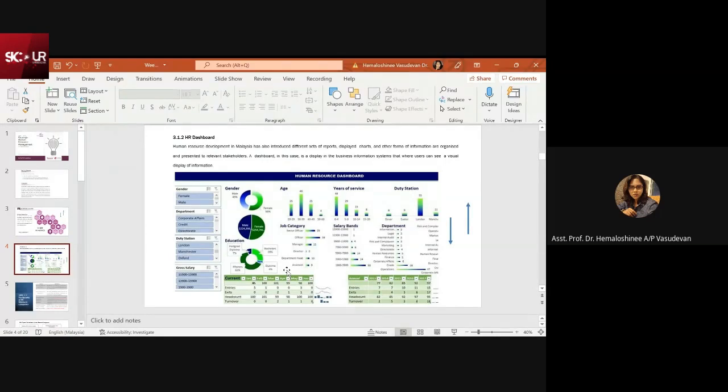So all these are HR dashboards. Each company, sure, has an HR dashboard. So you can go there, you can see. Then every day you have to punch in and punch out. It means you have to track your attendance all the time.